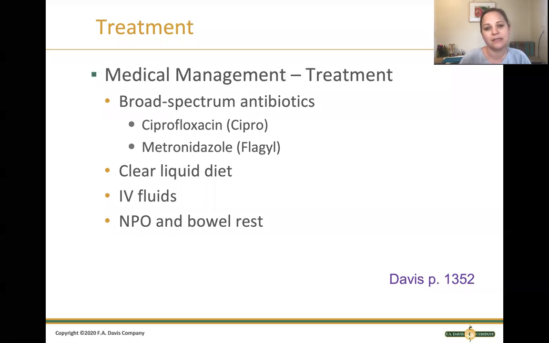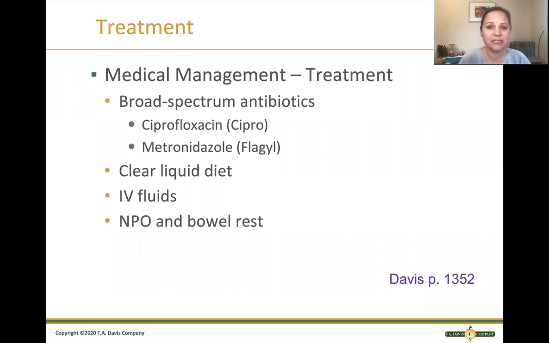Mild cases of diverticulitis can be treated outpatient with a 7 to 10 day course of antibiotics, specifically ones like Cipro or Flagyl that you're seeing here on this slide. The patients will be encouraged to have a clear diet at home to give their gut some time to rest.